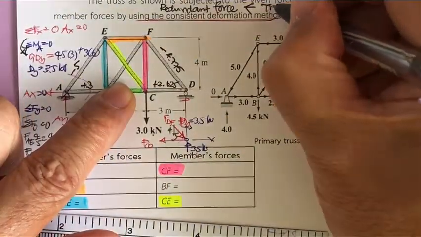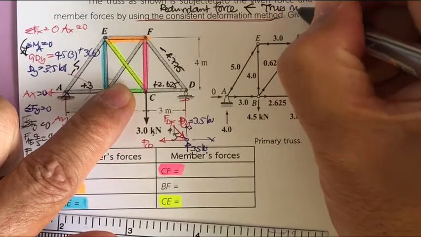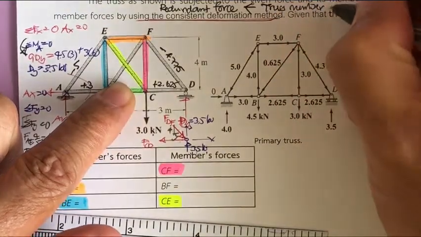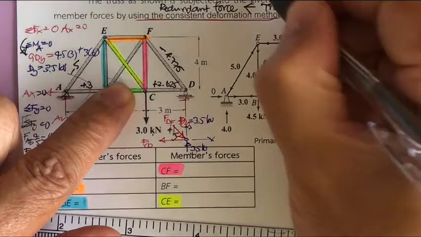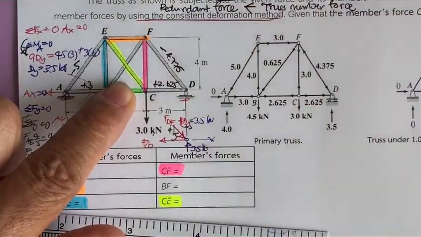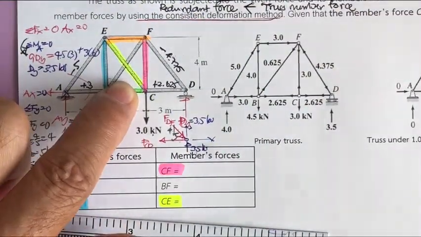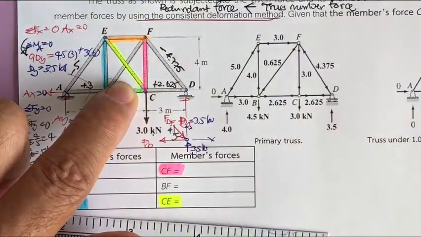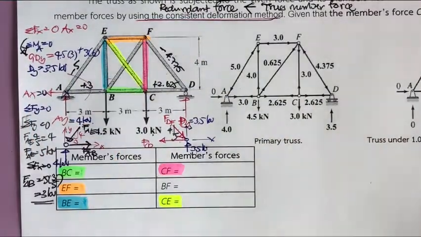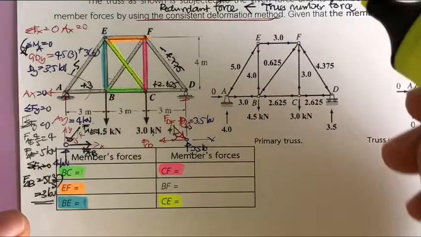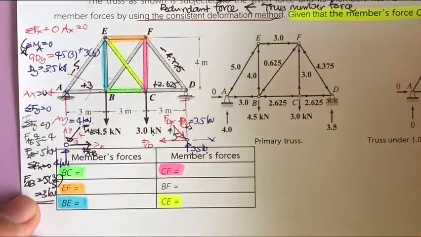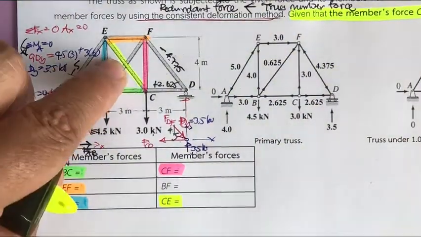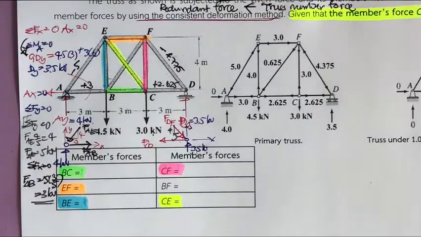It must be truss member force, because it is internally statically indeterminate truss. And they give us the member CE as the redundant force. So this one, the CE is the redundant force.